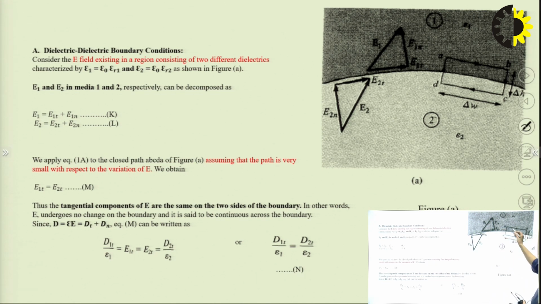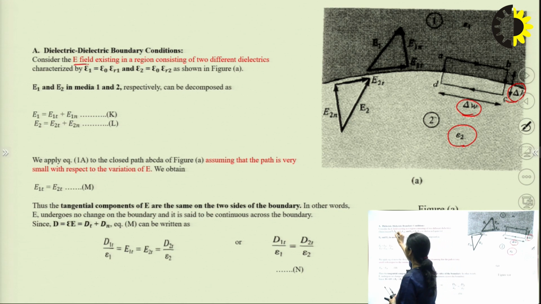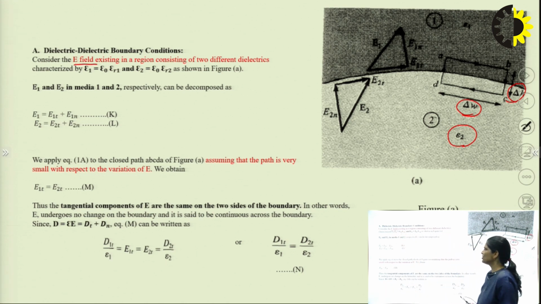Consider a rectangular surface A, B, C, D, where the width is delta W and the height is delta H. Now consider a field E existing in a region consisting of two different dielectrics, represented by epsilon 1 and epsilon 2.